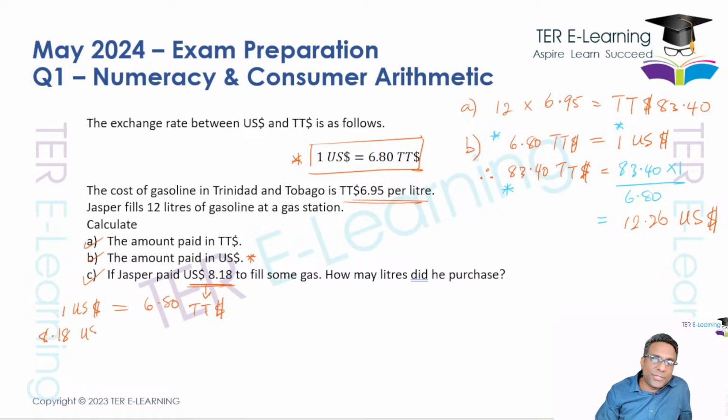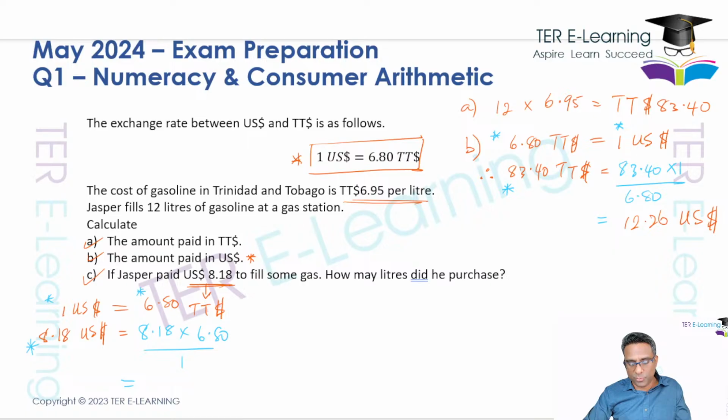So 8.18 US dollars is equal to, now the concept is the same. You're going to take this figure here, multiply by this figure here, and divide by whatever this is. So in this case, it's going to be 8.18 multiplied by $6.80 divided by 1.